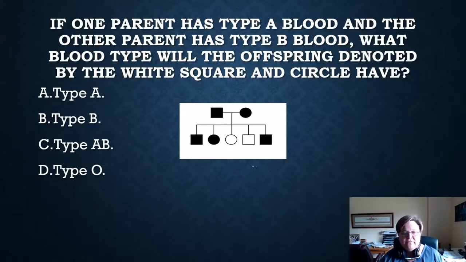So you also have to pull the gene characteristics in. If one parent has A blood and the other parent has B blood, then what we're going to do is actually cross off all the A's and B's, and that leaves us with type O.